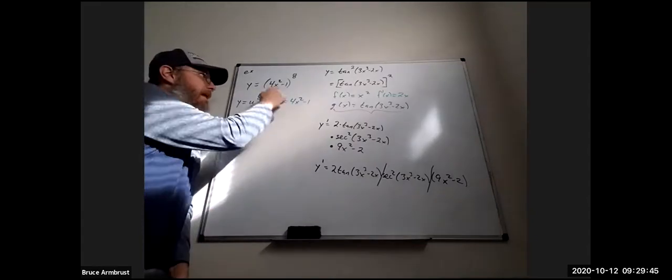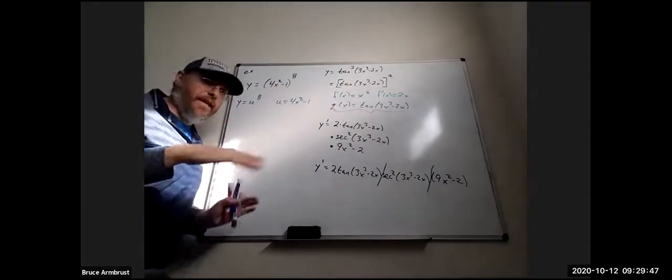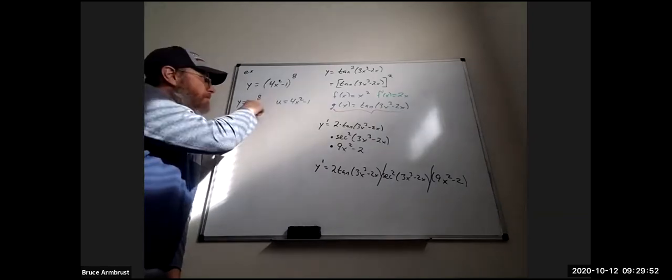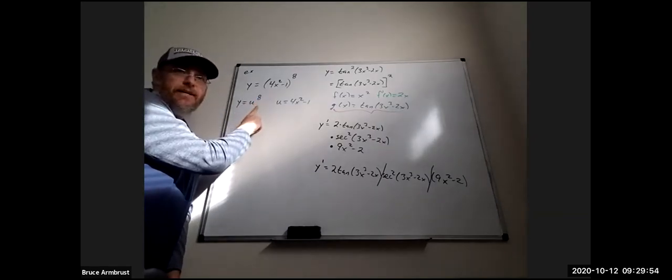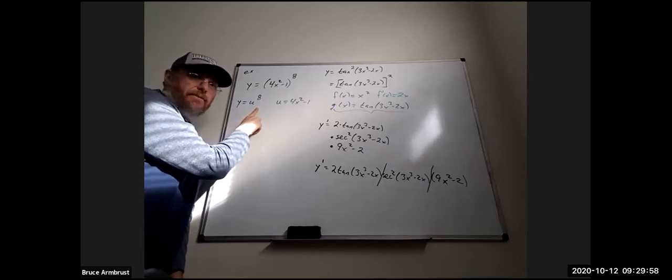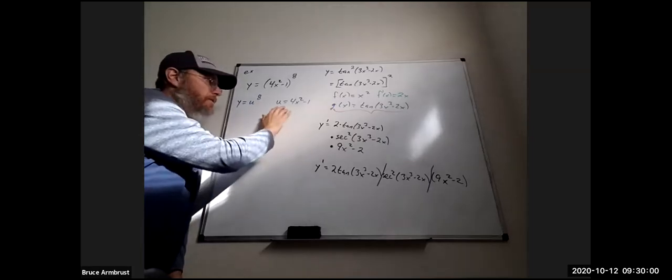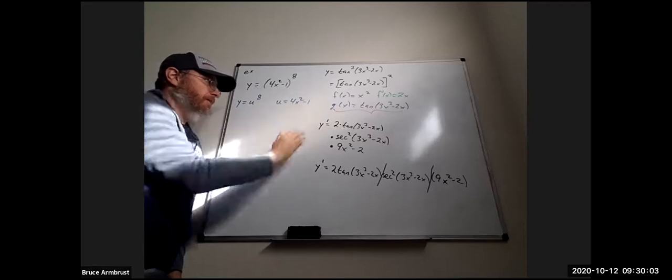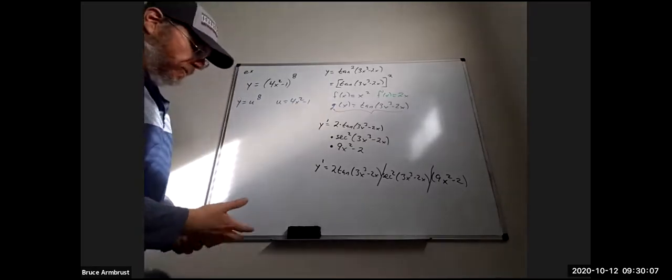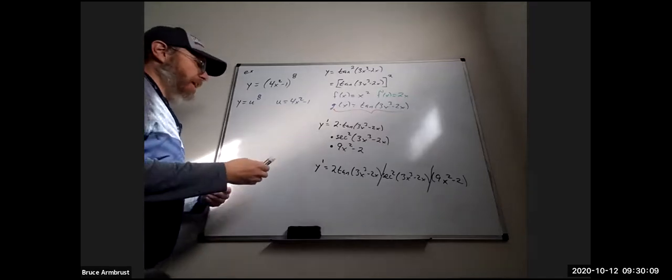If I just renamed 4x squared minus 1, I called it u, then this looks like u to the 8th, and I know how to differentiate that. Super easy. And if I look at u, 4x squared minus 1, I know exactly how to differentiate that. That's no big deal.